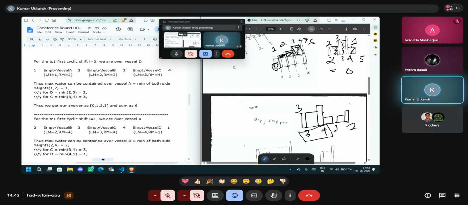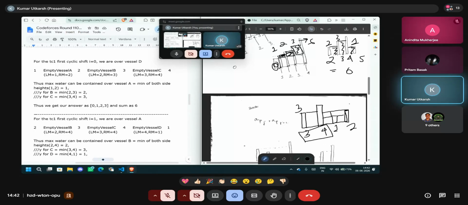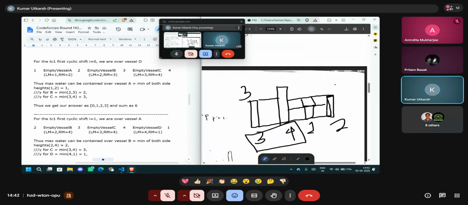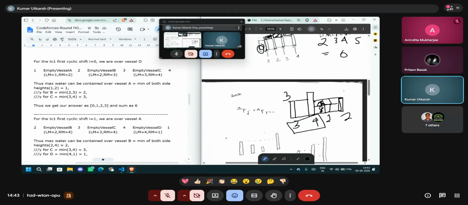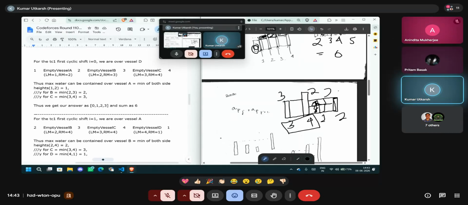No, it will be 2. Look, we have a bigger 2 here. So we can always store 2 here. We don't need to store 1. And between 1 and 2, again, what can we store, Pritam? It's 2. Right. So it's 3, 2, 2. So the total is 7.